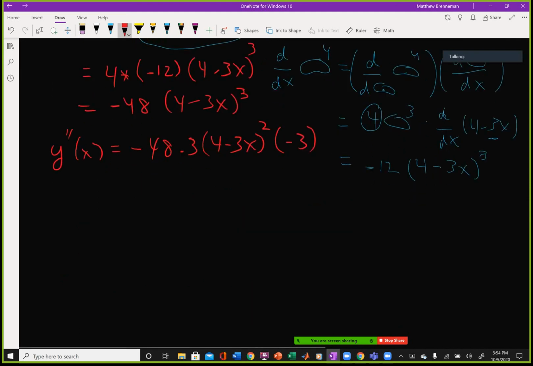Okay? And now when we put this all together, you're going to multiply out all the numbers there. You're going to get a positive 432 when you multiply 9 times 48, and these two negatives become positive, times the quantity 4 minus 3x squared.